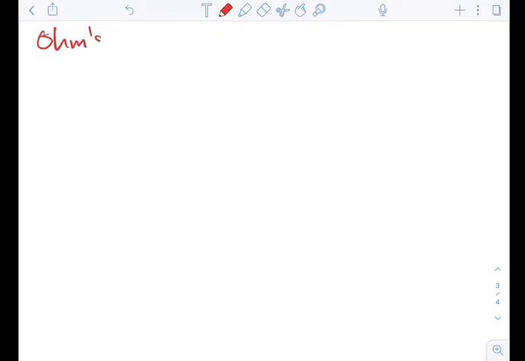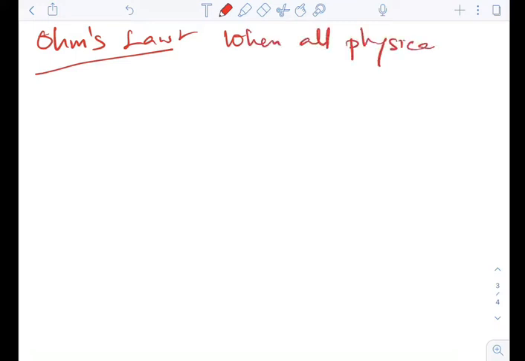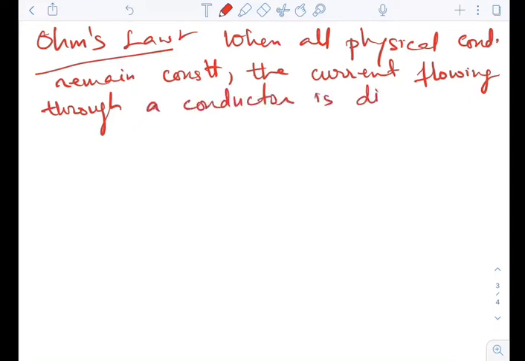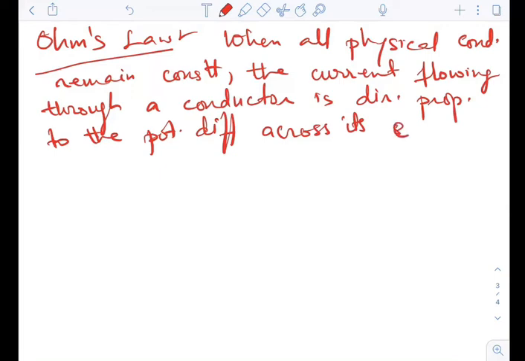Next up we have Ohm's law. Ohm's law states that when all the physical conditions remain constant, then the current flowing through a conductor is directly proportional to the potential difference across its ends.